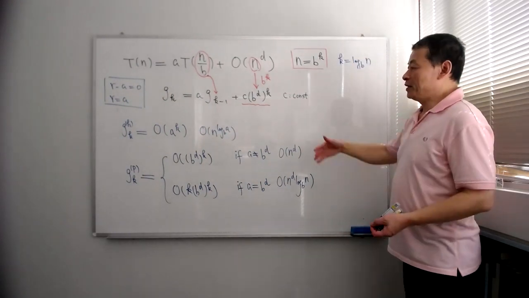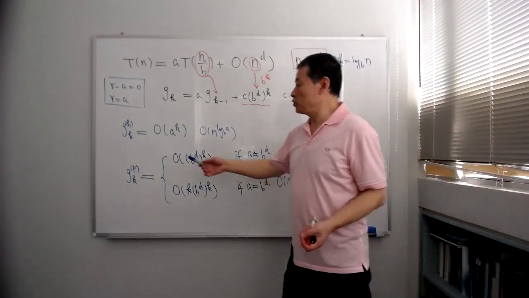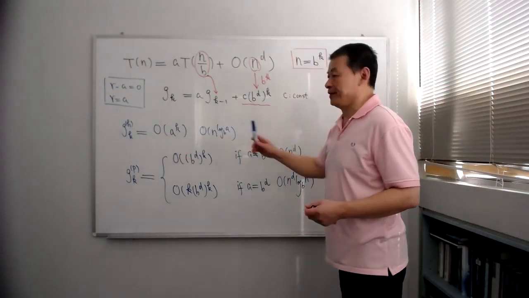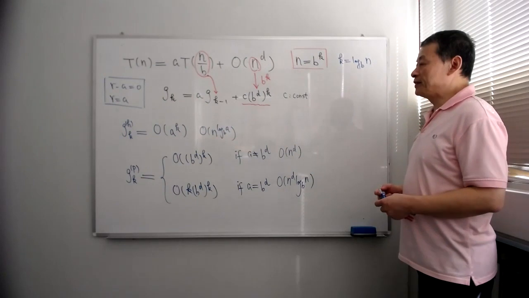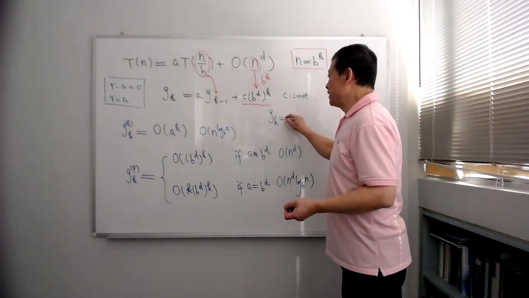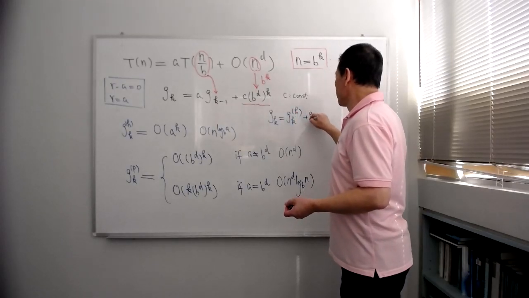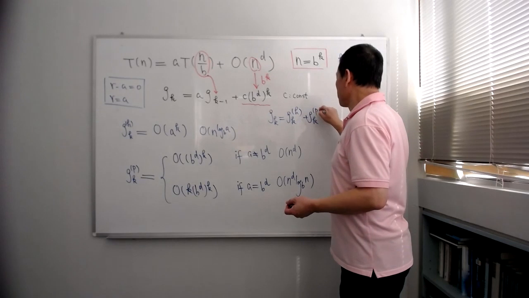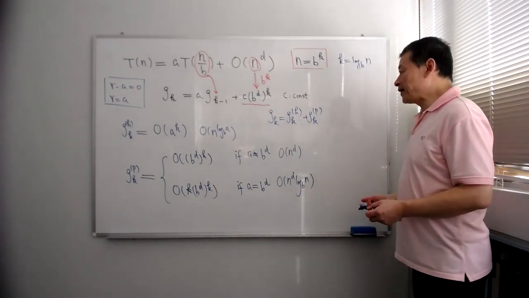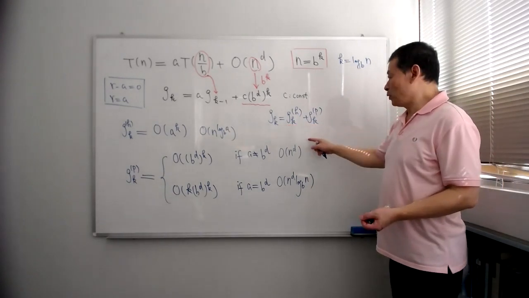All right. Now we have solved everything. We already expressed the solution to g(k) in terms of n. The solution is the summation of these two parts. In terms of big O notation, the value depends on which one is bigger.